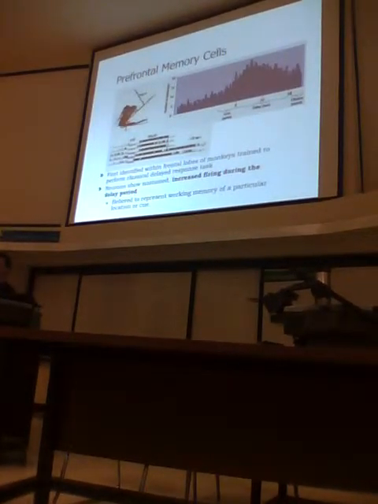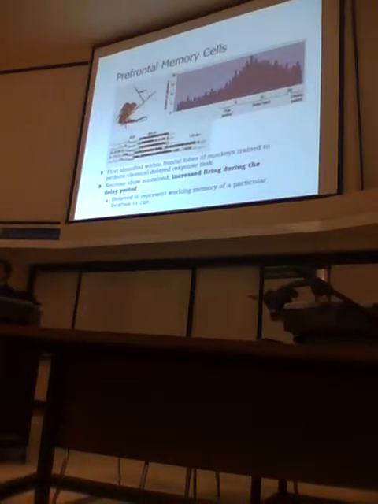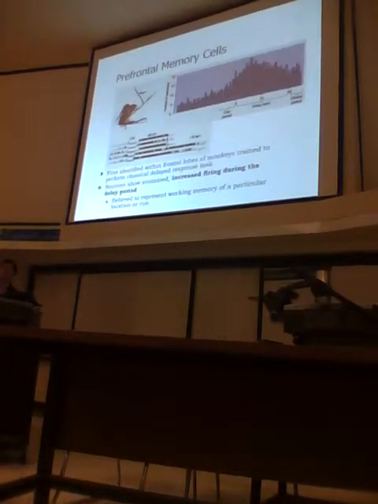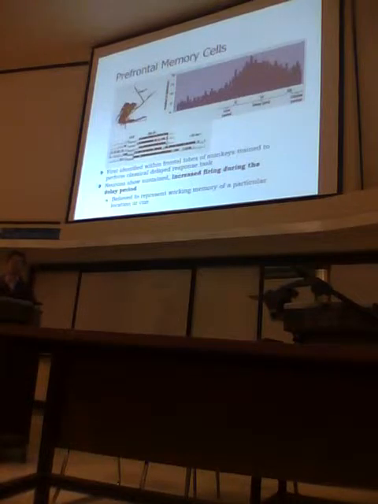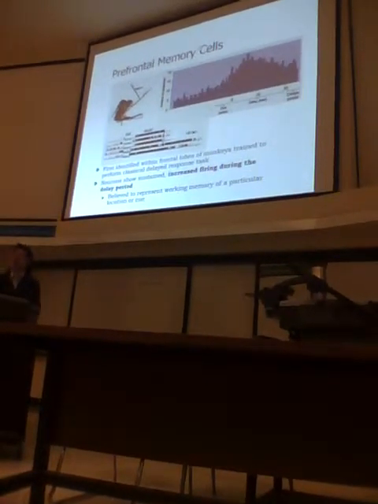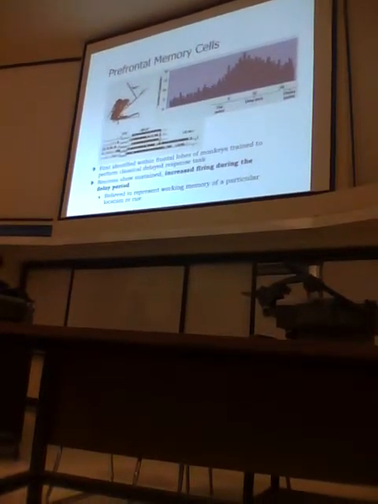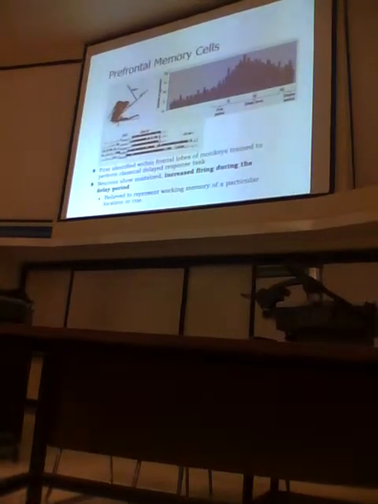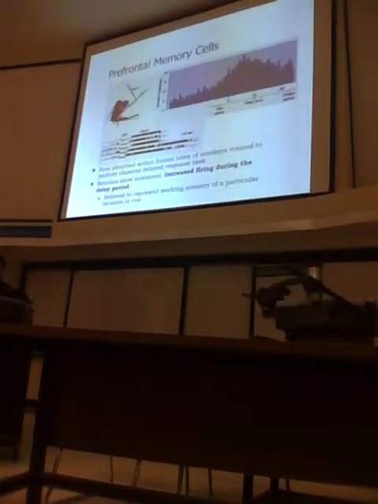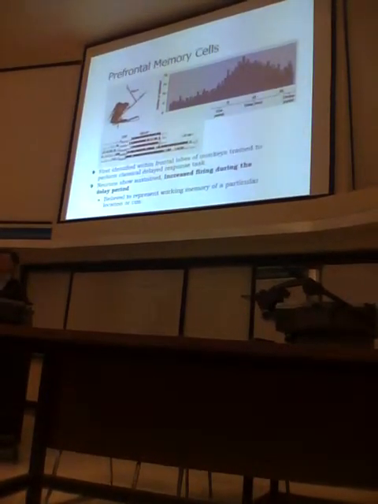So it's almost as if the cells are storing the memory of the cue just long enough so that the animal can perform its learned task, reaching out. And once the animal performs that task, the firing rate falls back down to basal level.